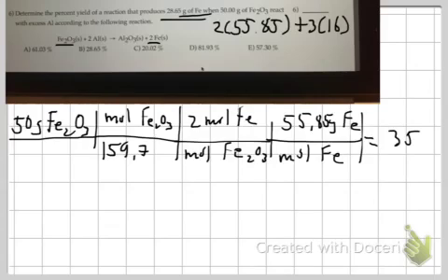That's 35 grams. And so our actual yield, 28.65 divided by 35, equals 81.9. So there you go, D.